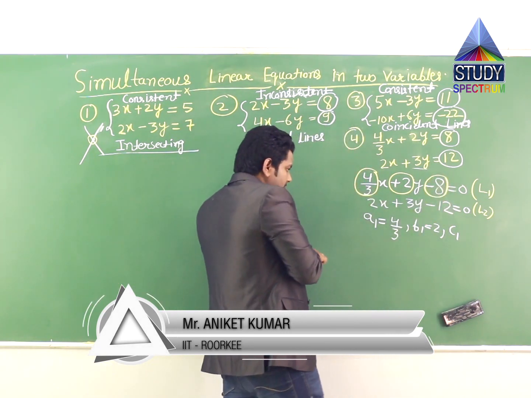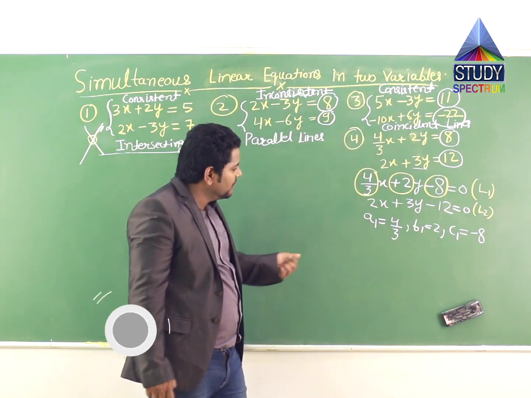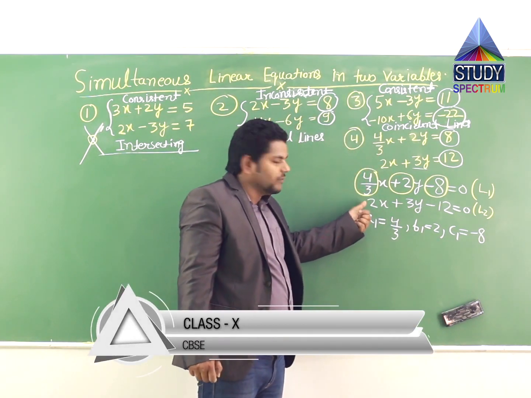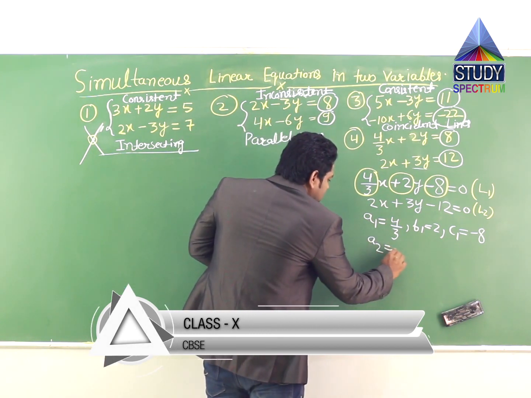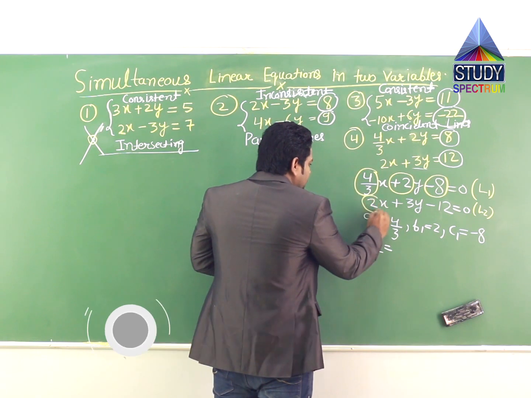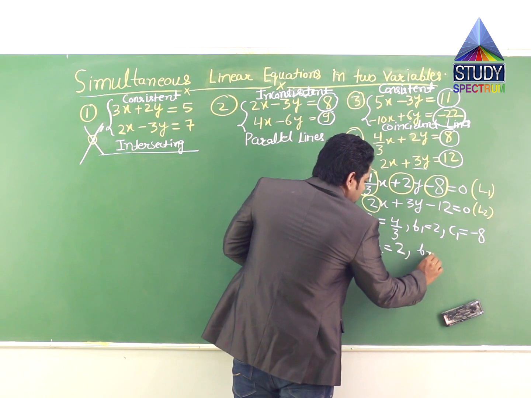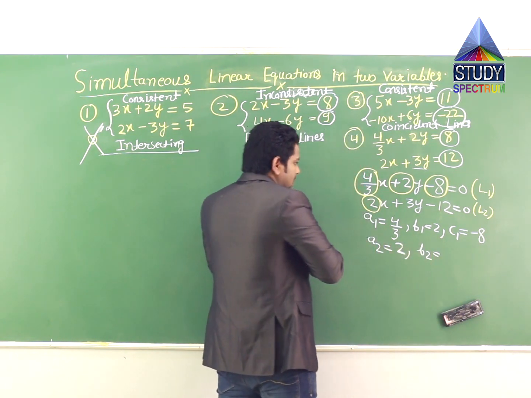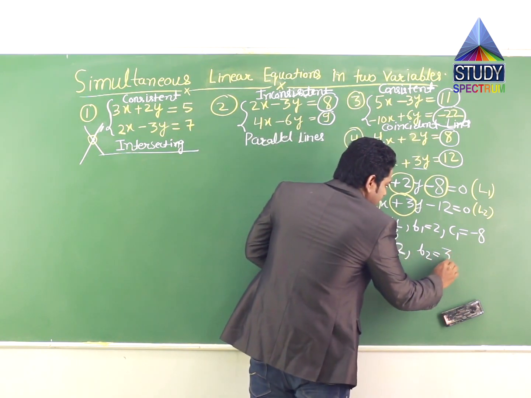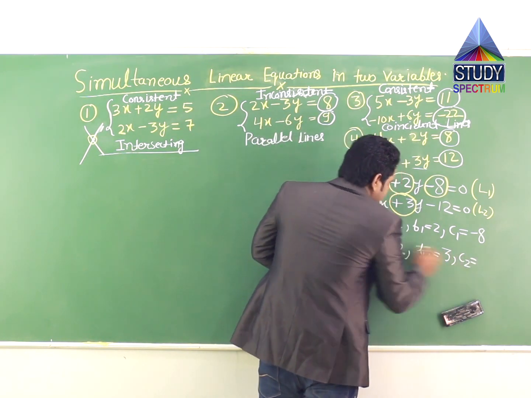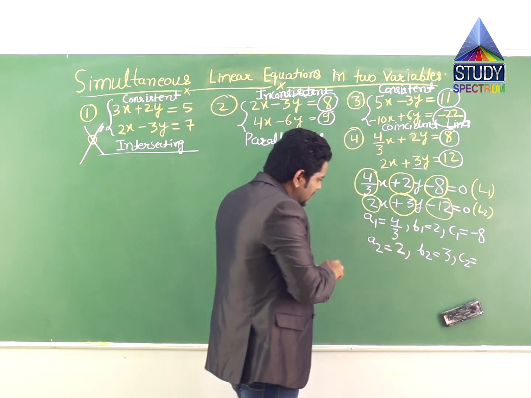Now for line L2, A2 is 2, B2 is plus 3, and C2 is minus 12.